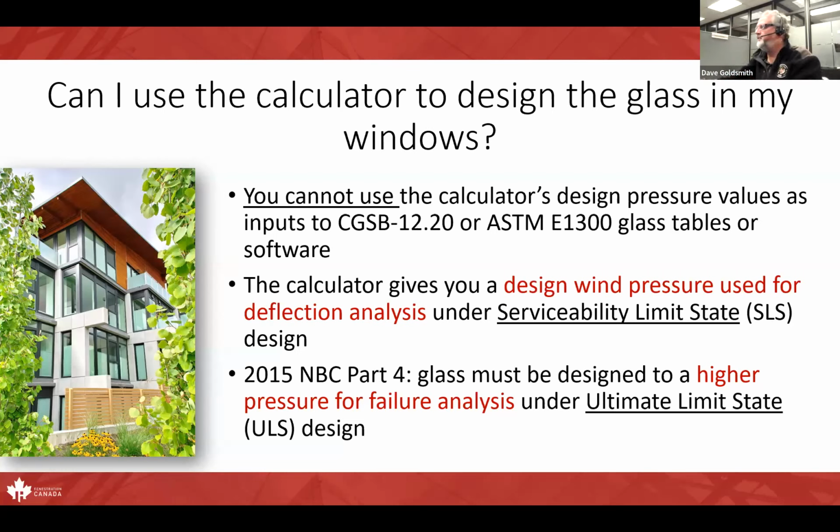And you really should be doing an analysis to determine what the strength and what the deflection is of that glass in order to avoid any customer complaints. So, Dave, speaking as an engineer, you know exactly when you could or couldn't use the values from the calculator.